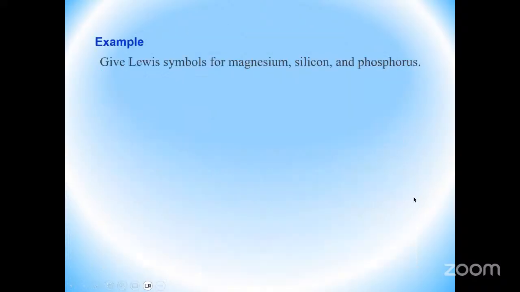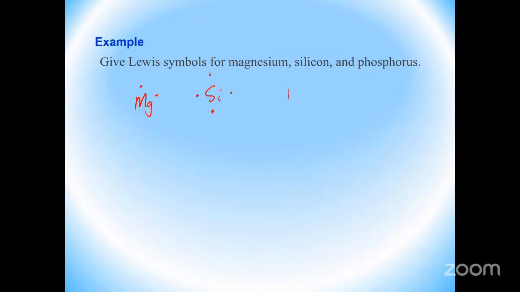Okay. So if you're asked for the Lewis symbol of magnesium, silicon, and phosphorus, well, that's very simple. Magnesium is this. Silicon is... just the valence electrons, exactly. Just the valence electrons.